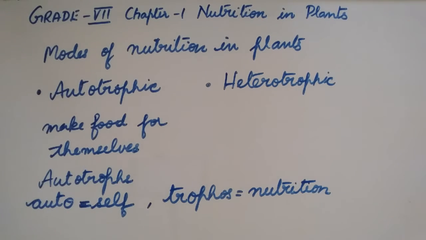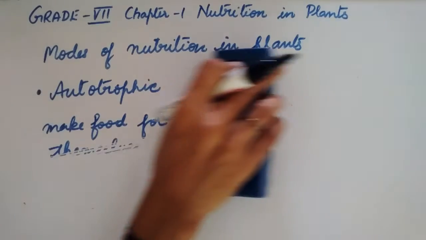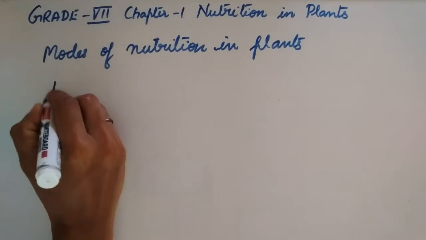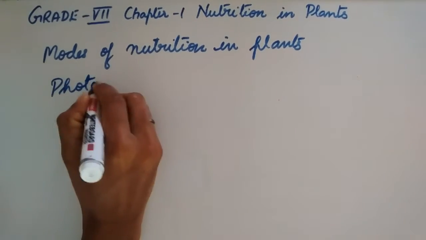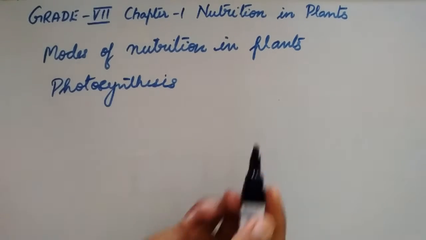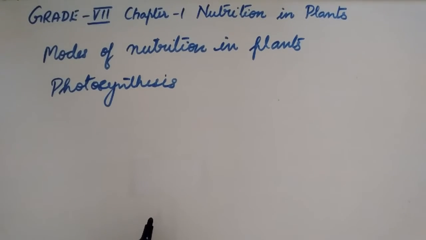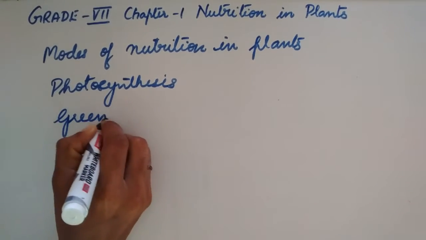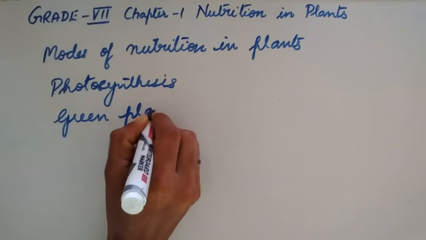And now let us understand what is photosynthesis. Photosynthesis is the process by which green plants prepare their own food.